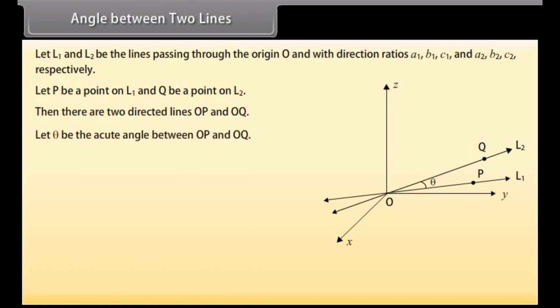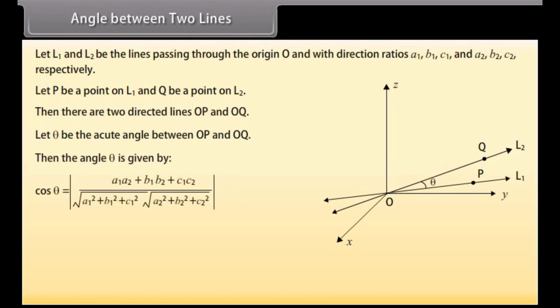Let theta be the acute angle between OP and OQ. Then cos theta equals modulus of (a1 a2 plus b1 b2 plus c1 c2) divided by square root of (a1 square plus b1 square plus c1 square) into square root of (a2 square plus b2 square plus c2 square).